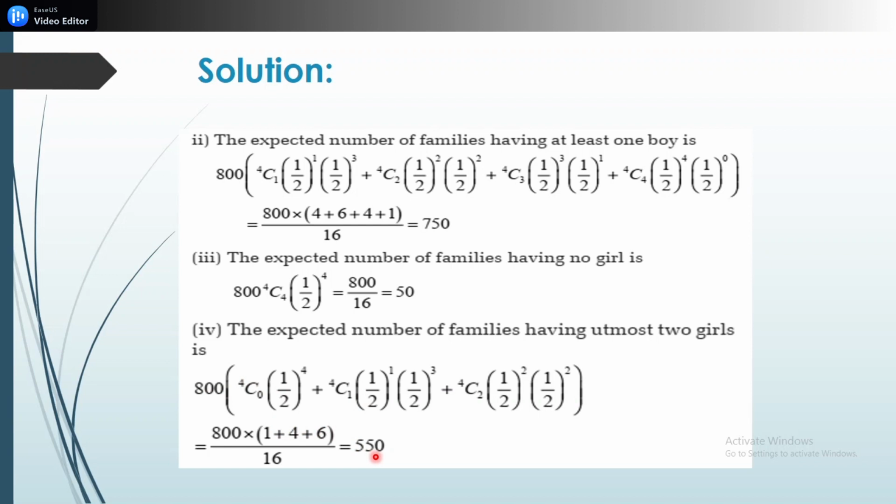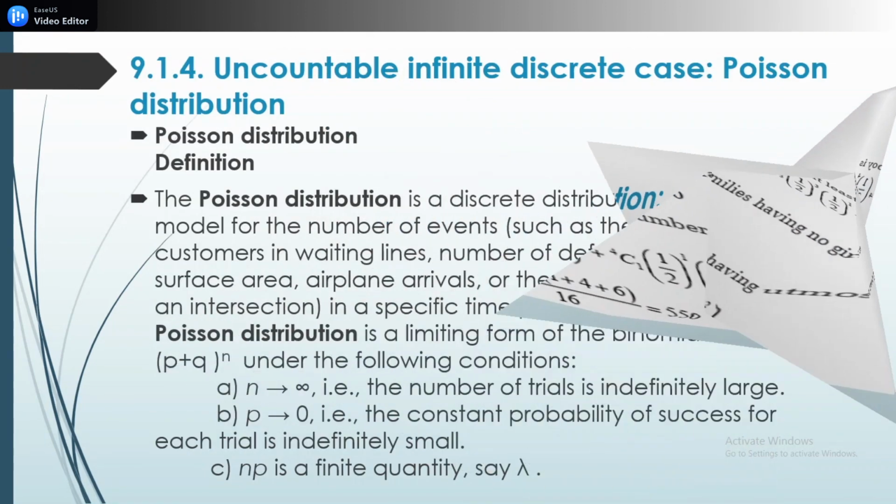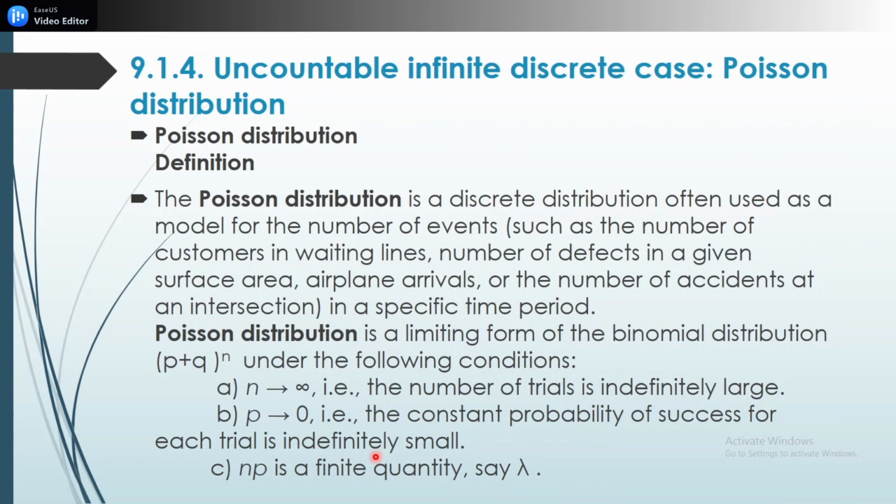That is 550 families. We take another point: the uncountable infinite discrete case, or Poisson distribution.